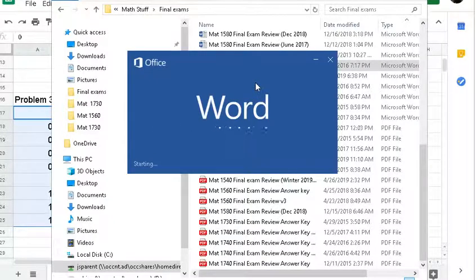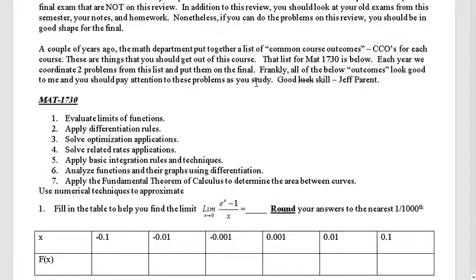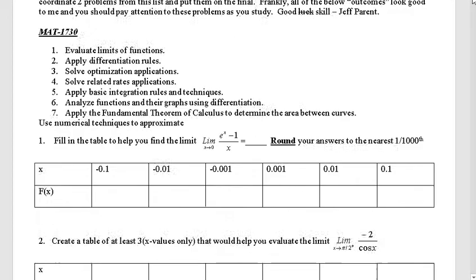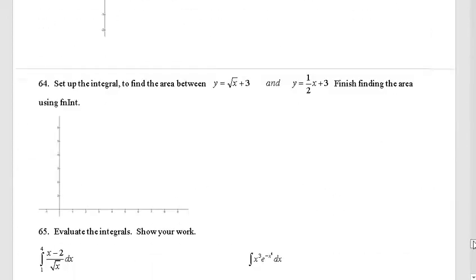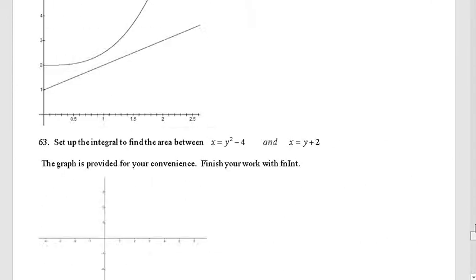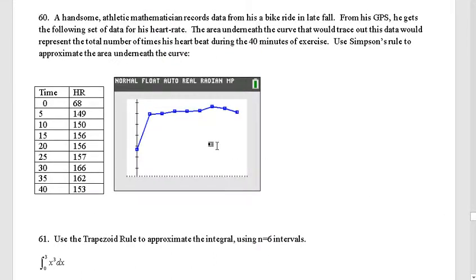So for your final exam review, one of the questions I put at the very end, I think, is a Simpson's Rule question. Which is to find the heartbeat of an athlete, how many times the heart beat during a certain interval of exercise.